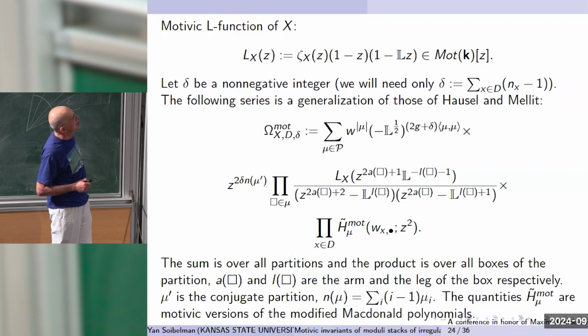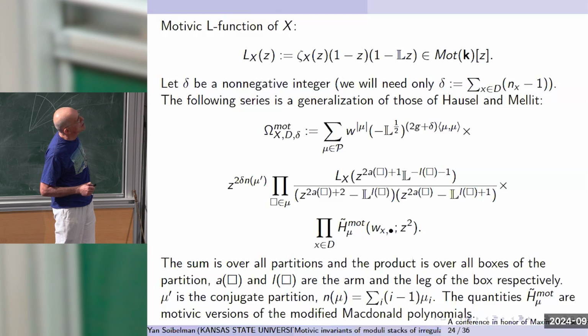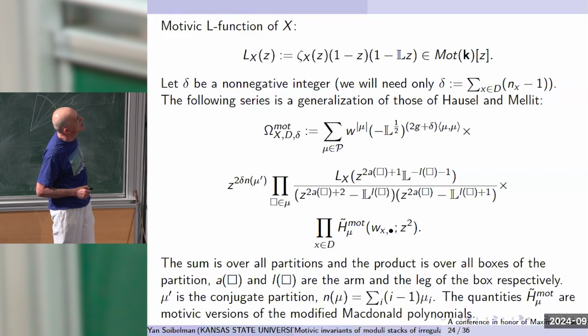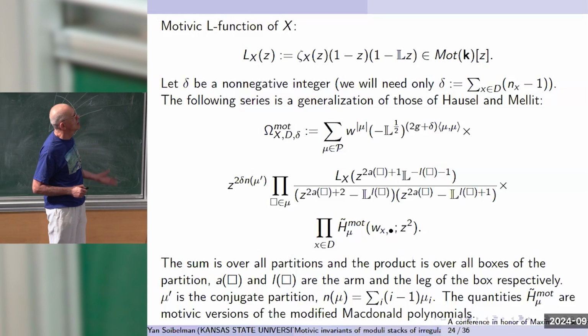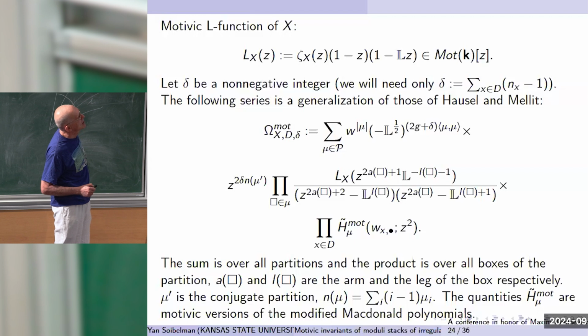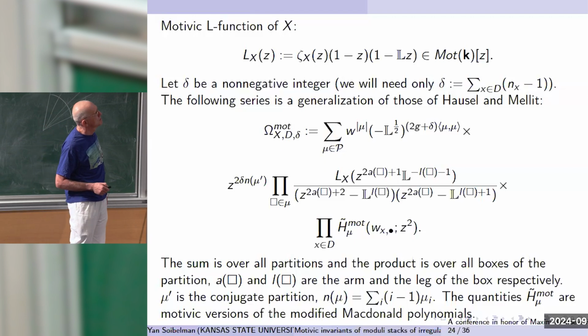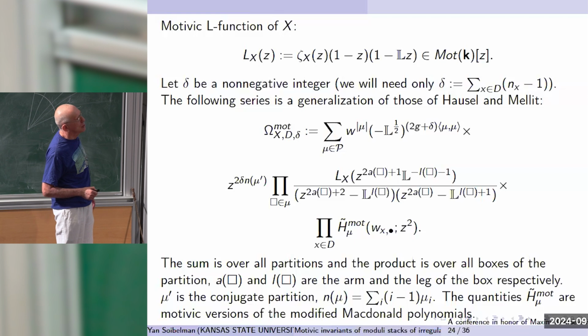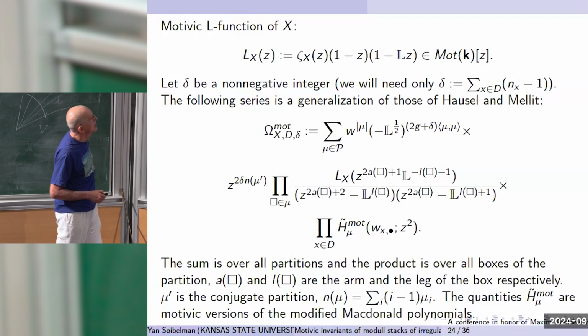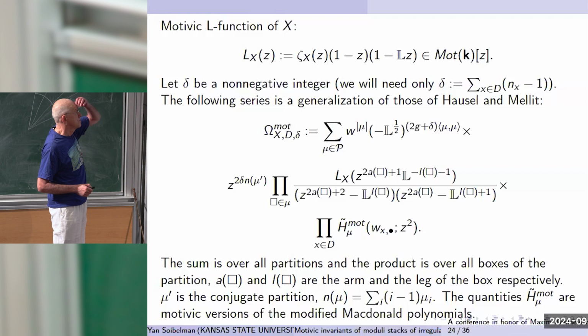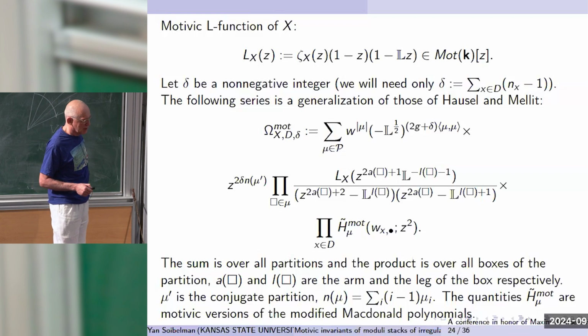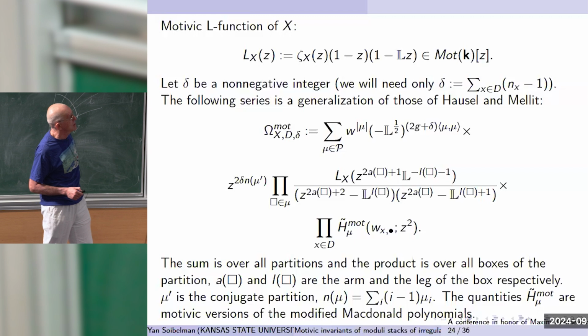So this part is a generating function, which you see, it's three lines. This is something which is more or less understandable, and it depends on the Lefschetz motive and the irregularity index. But of course, these two pieces are not easy to understand. So this is some rewriting of what Hausel wrote in his paper with collaborators on the Hodge polynomials of the character varieties.